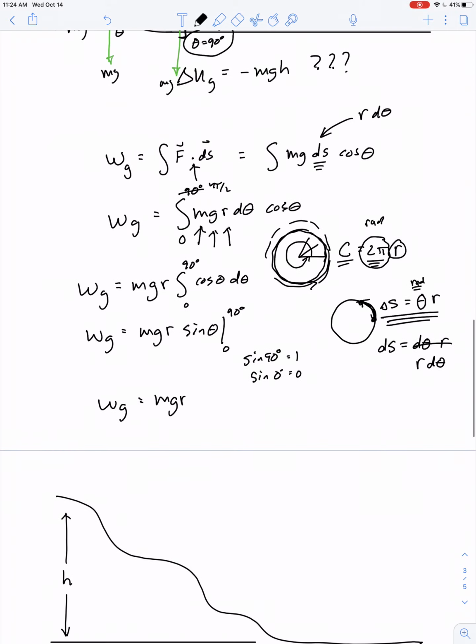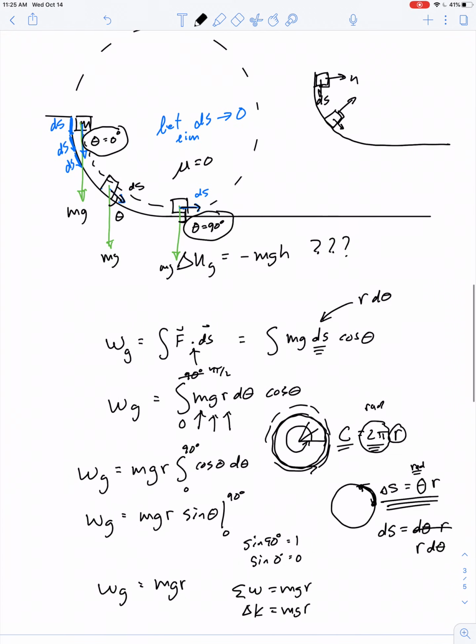So all we're trying to say now is that not only does mgr represent the work done by gravity, it also represents the net amount of work, but net amount of work is always equal to change in kinetic energy. And we can ask ourselves, where does the kinetic energy of this block come from as it slides across this level ground? It didn't have any kinetic energy here because it was released at a state of rest.